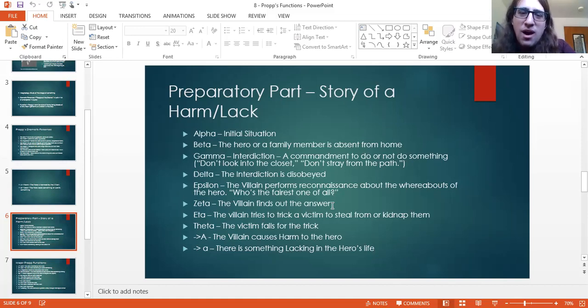And so he goes for Princess Fiona. And this is something we see in Snow White as well, with, who's the fairest one of all? And again, this is two letters here because zeta is the villain finding out the answer.